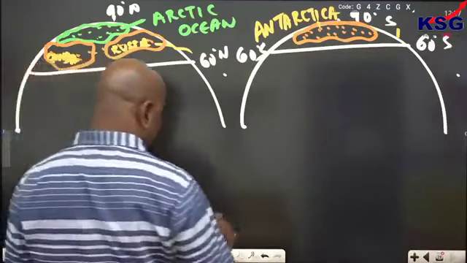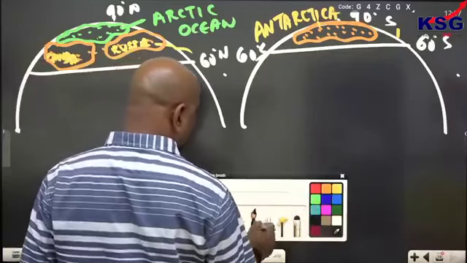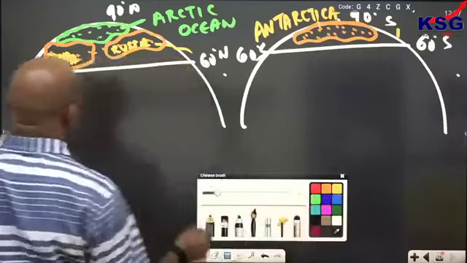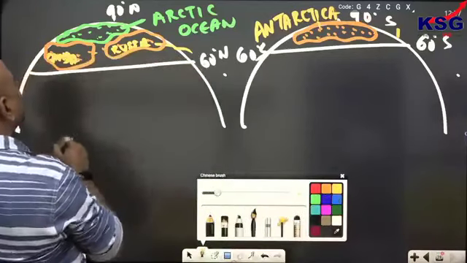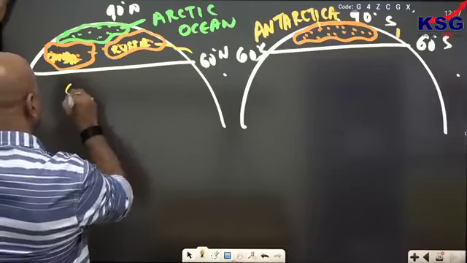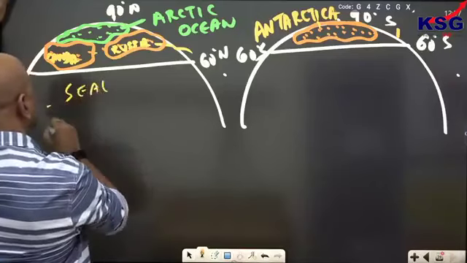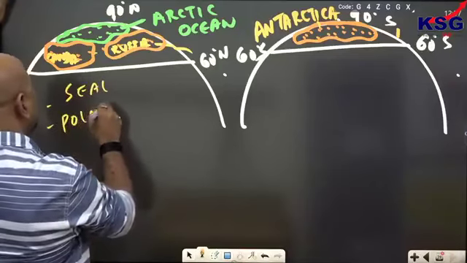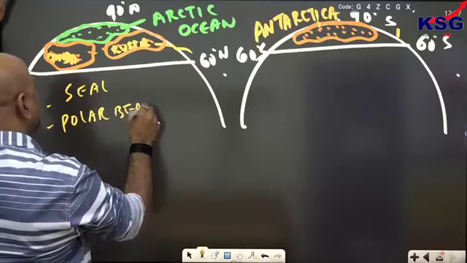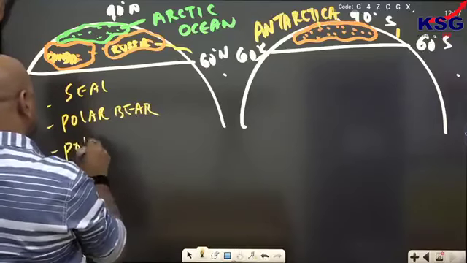Okay, what exactly is the vegetation type you will find here, or what type of animal and plant you will find here? Here you have maybe seal, polar bear, polar fox.